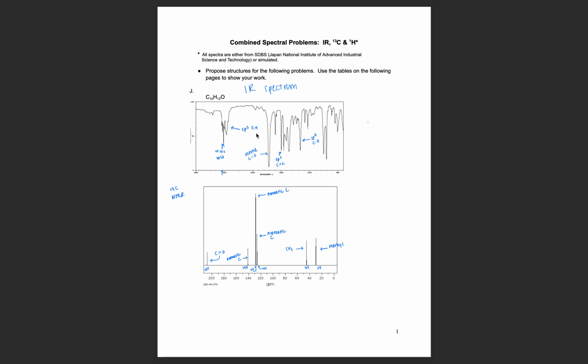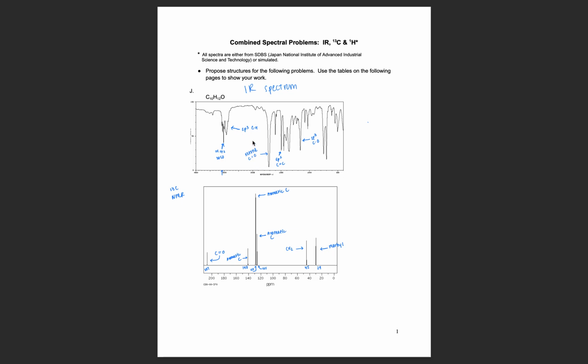The second one right here that looks broad, it is between 2850 and 2950, about 2900. That will be our methyl group, which is sp3, C single bonded to an H.